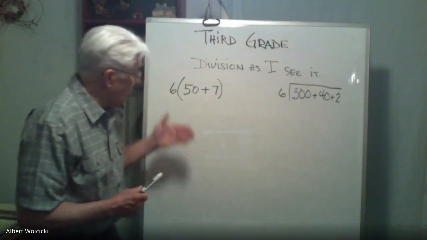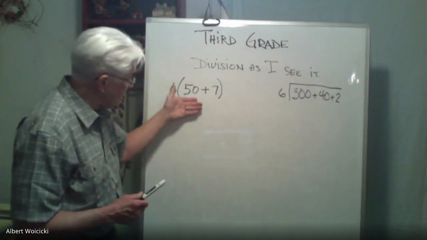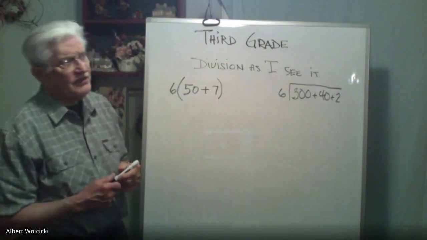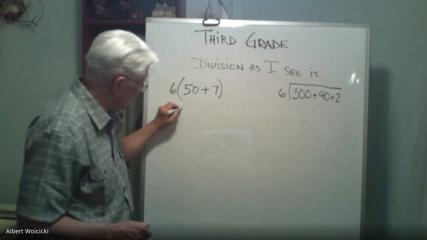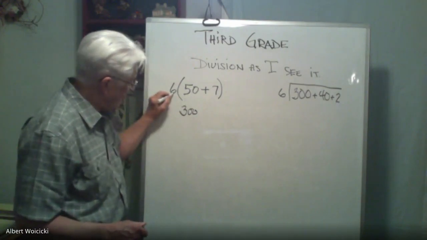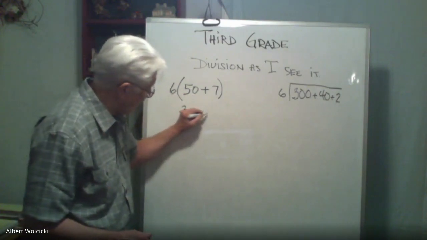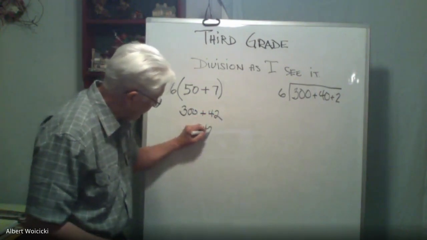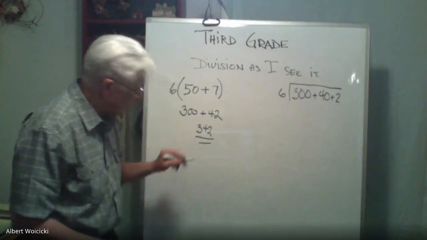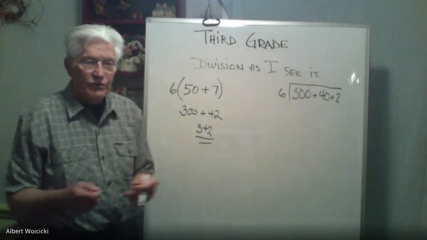So what are we going to do? We're going to multiply 6 times 50. Well, 6 times 50 is the same as 3 times 100, and that's 300. And then 6 times 7, we already know, is 42. So we have 342. No carrying, no anything else.